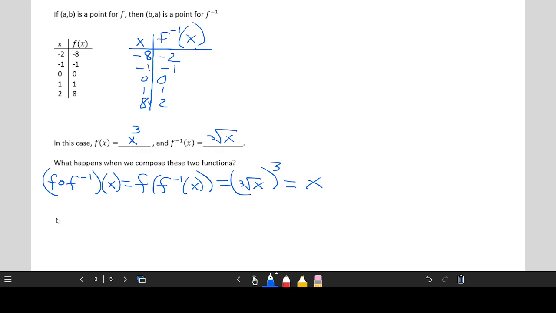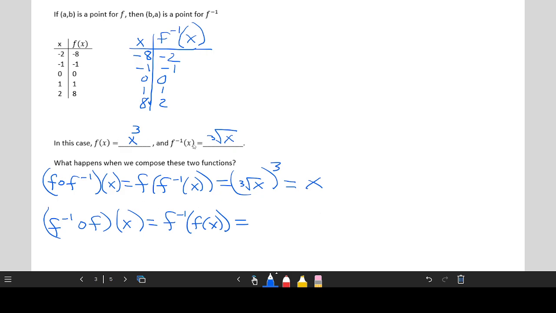Well, let's see what happens if we compose them in the opposite order, because we've seen that function composition does not always give us the same result if we change the order of the functions. So if we do f inverse of f of x, that means we're taking the function f and substituting it into f inverse.